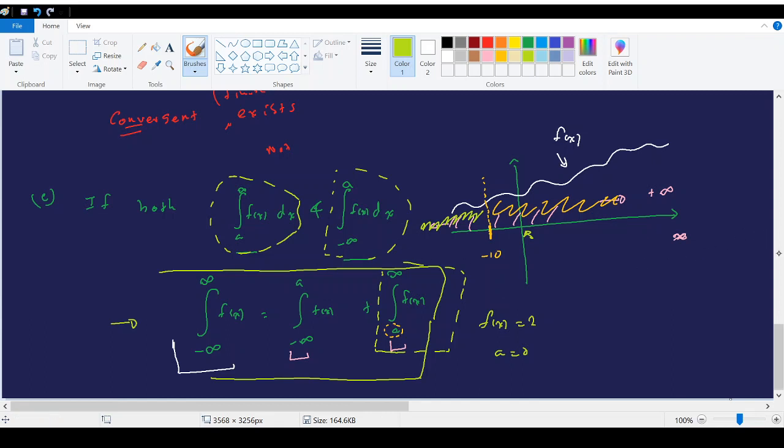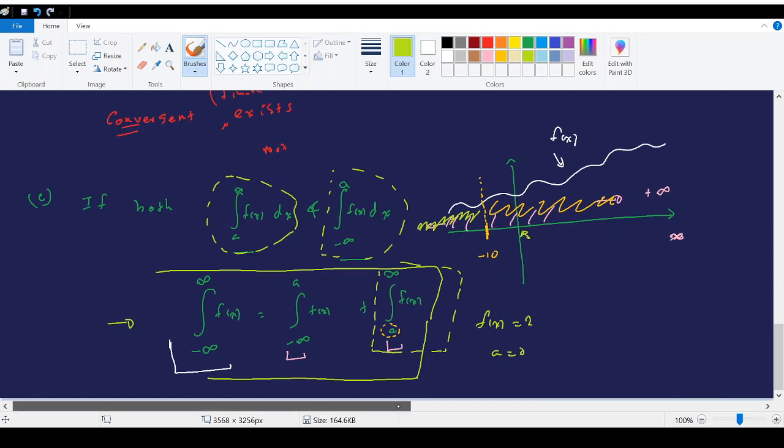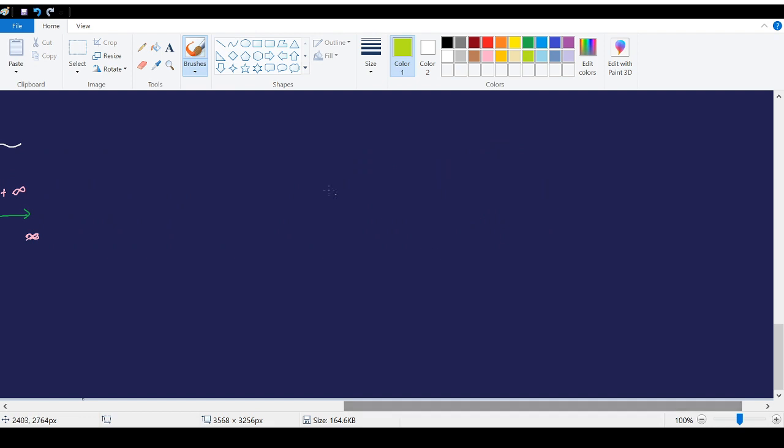Okay, so as a summary, what do we mean by an improper integral of type 1? That's basically an integral that has got infinity at the upper limit or infinity at the lower limit. And if you are taking the infinity at the lower limit, you should have negative infinity. And we defined convergence for these types of integrals, right?